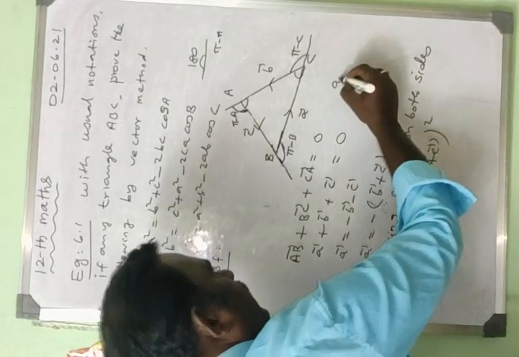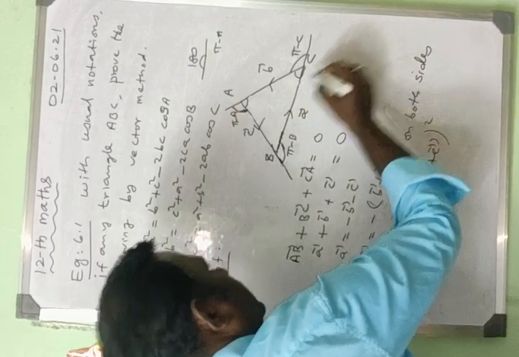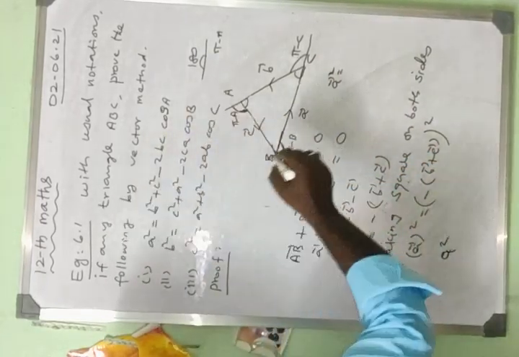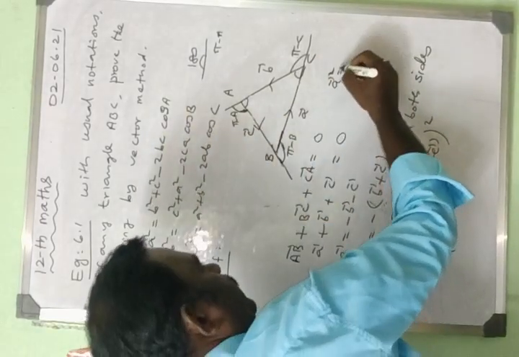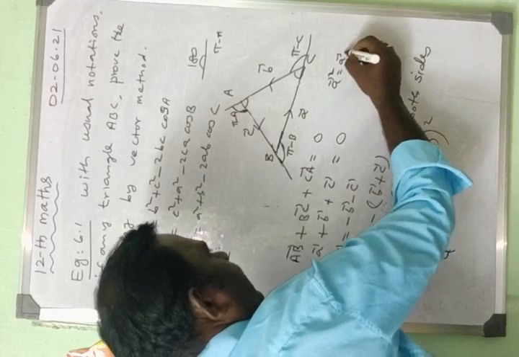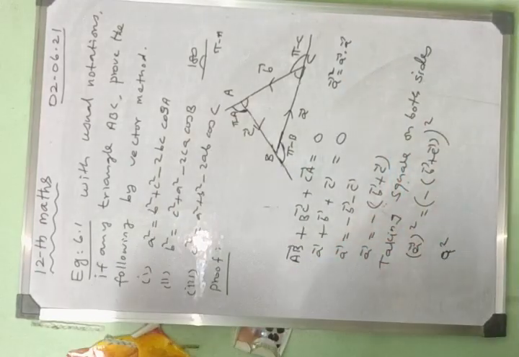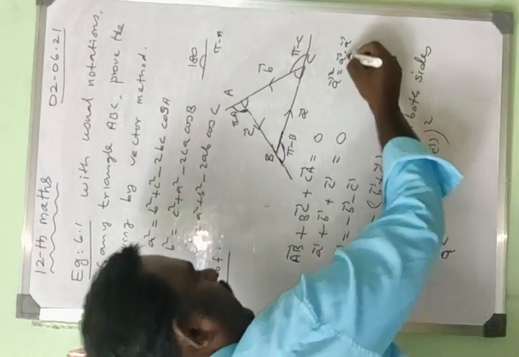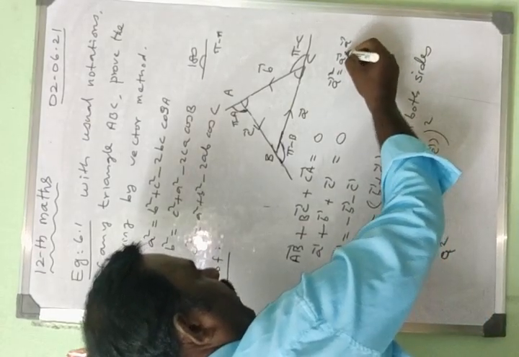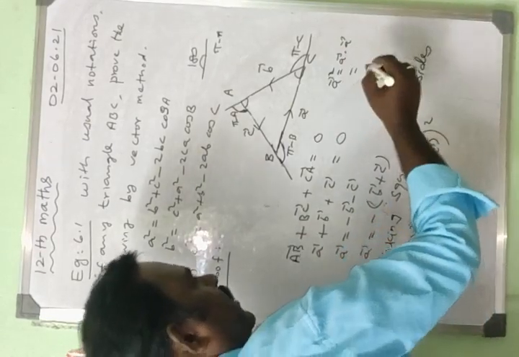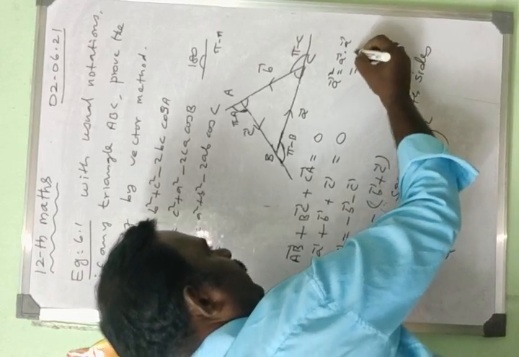Vector A square equals, this is a dot product. Cos comes, this is definitely a dot product. So vector A square we can write as vector A dot vector A. Two vectors dot product definitely gives a scalar, so vector A dot vector A gives A square.